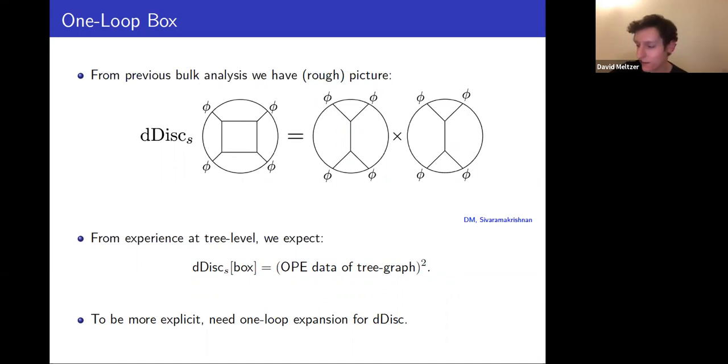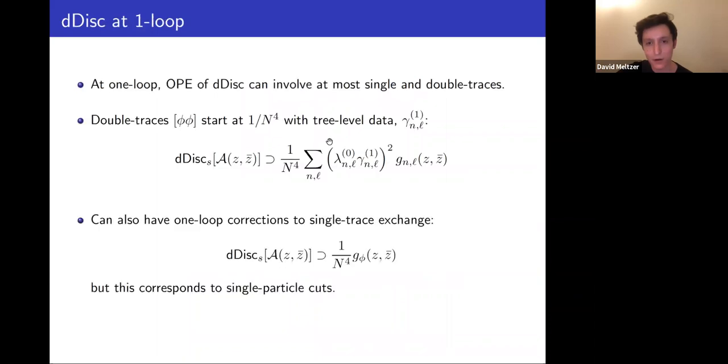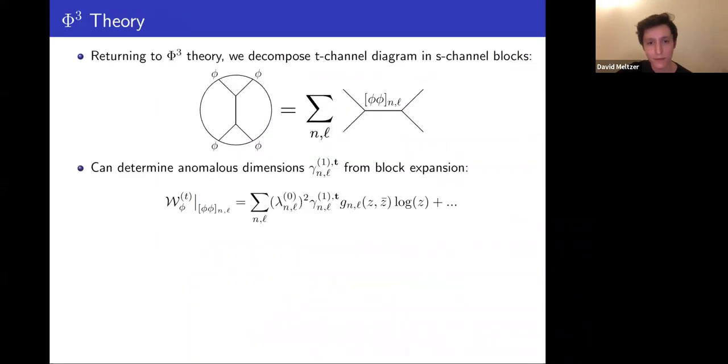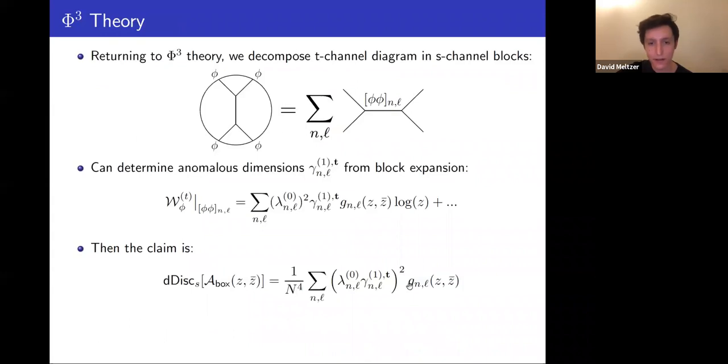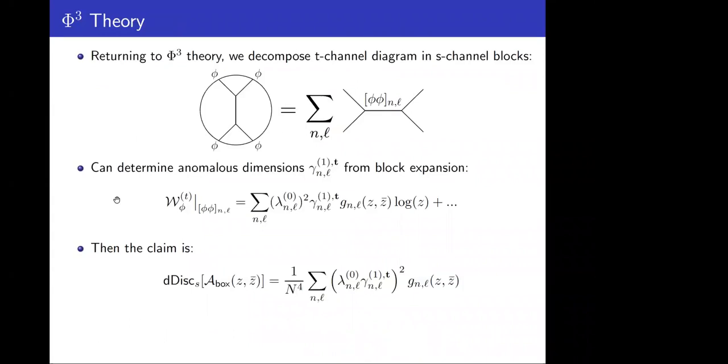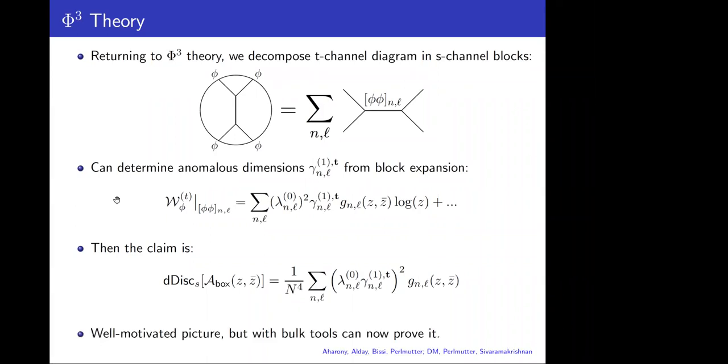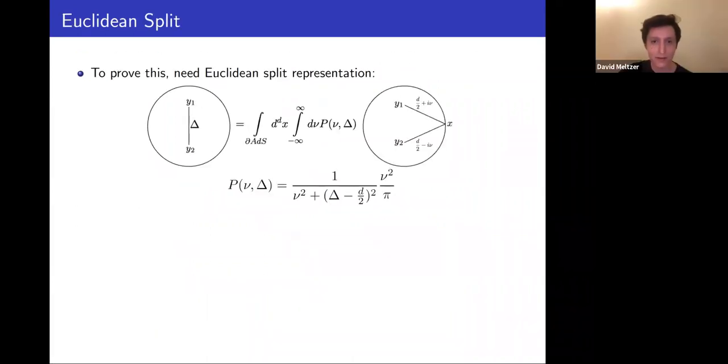And right, since I'm going over time, I'll introduce a tool that allows you to prove this, but I won't go through the proof itself. So the tool is another split representation. This is the one that's been used in the past in the study of AdS/CFT and recently also dS.